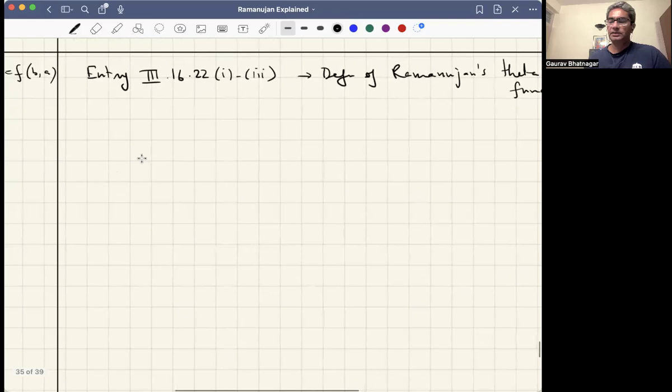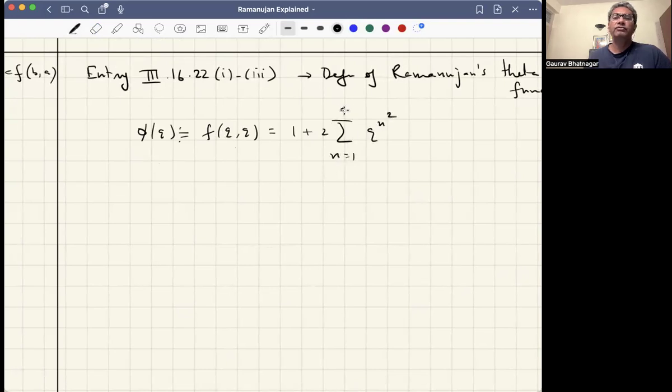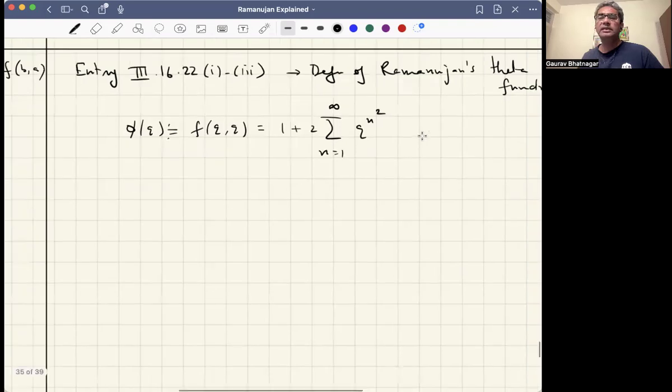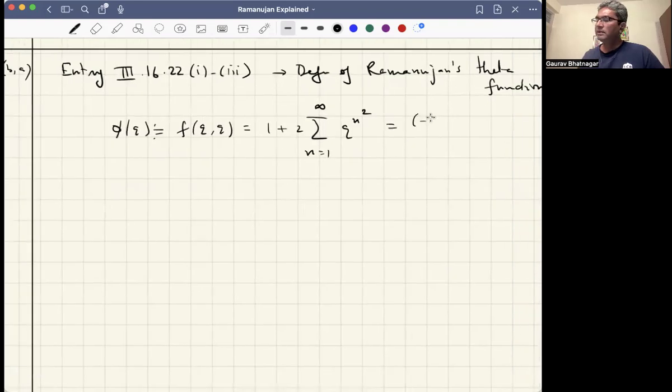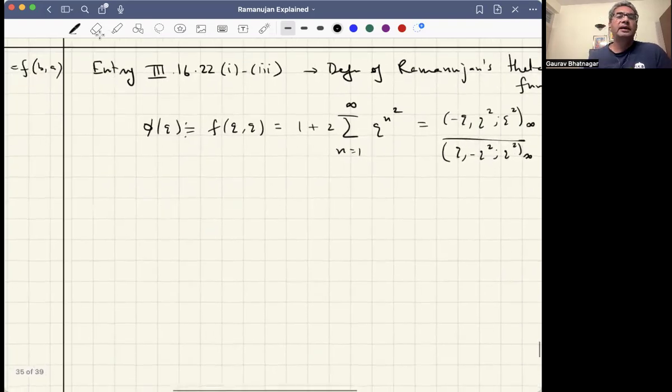He considered these special cases, and once I write them down, you will know exactly why. So phi of q is defined to be f of q, q, which can be written as the sum of q raised to the power n squared, going from minus infinity to infinity. So these are sums of squares, and using the Jacobi triple product identity, you can show that this is the case. This is a result due to Gauss.